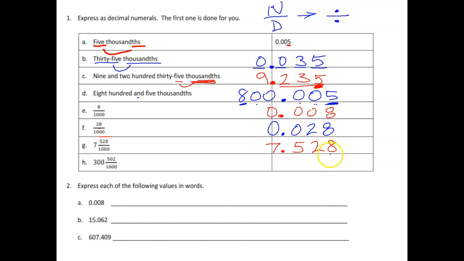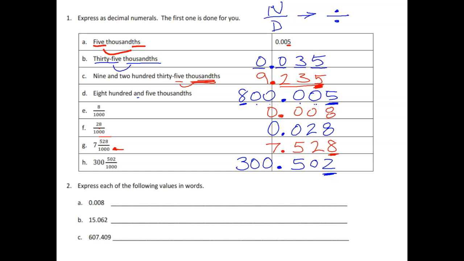And of course, our 8 is in the thousandths place. All right. Next, we have 300 and 502 thousandths. That's how we represent those.